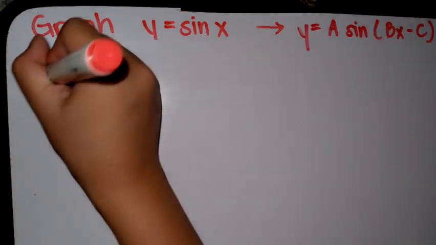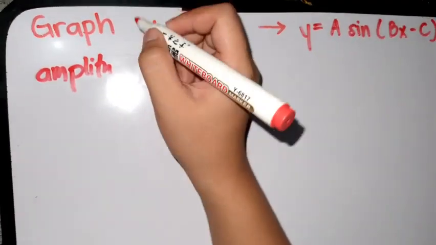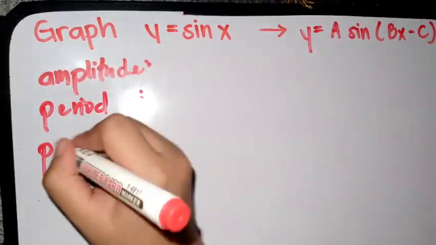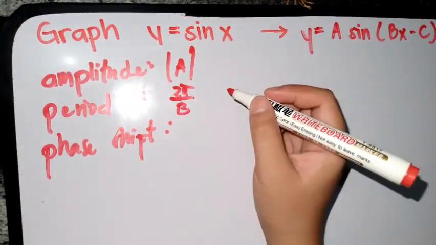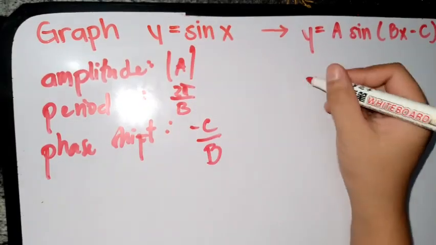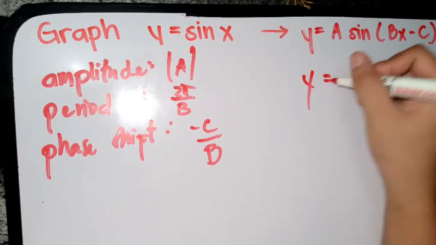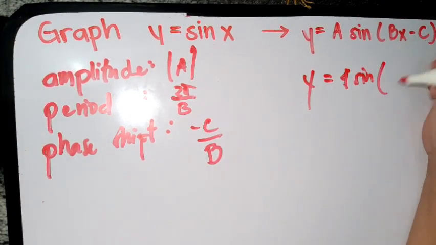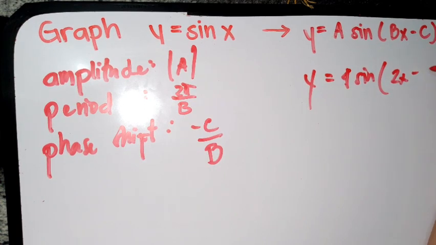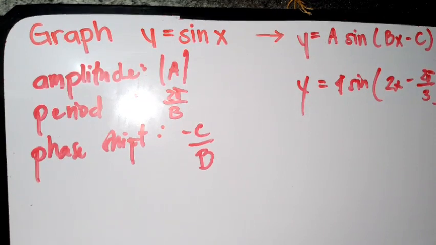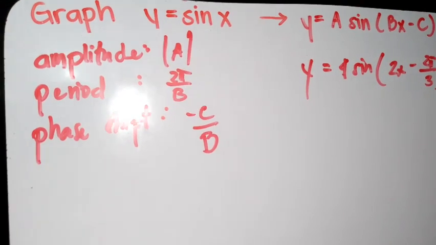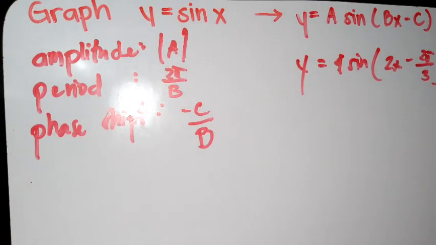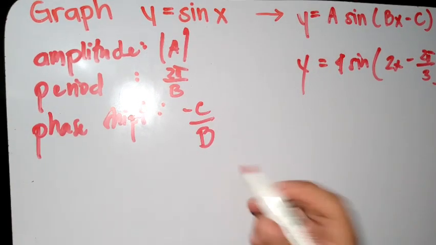So say for example we have y equals 4 sine, multiplied by 2x minus 2 pi over 3. In order to graph this function, we need to identify first the amplitude.